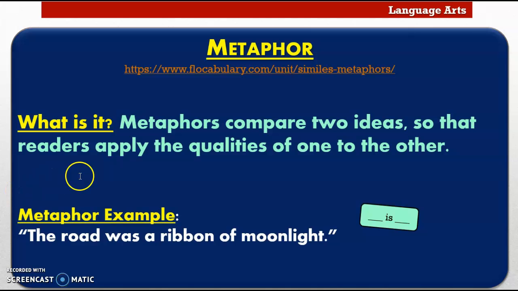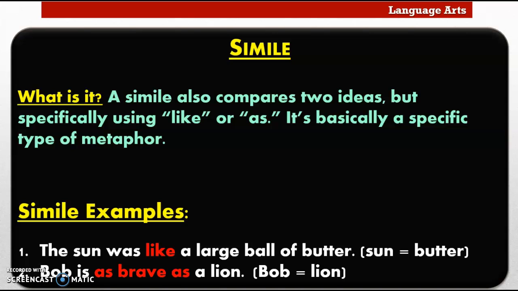There are other metaphors if you want to look at. I linked a video that shows a ton of metaphors and similes. A simile is a type of metaphor, right? That's comparing 2 ideas but using like or as. So, for example, the sun was like a large ball of butter, right?